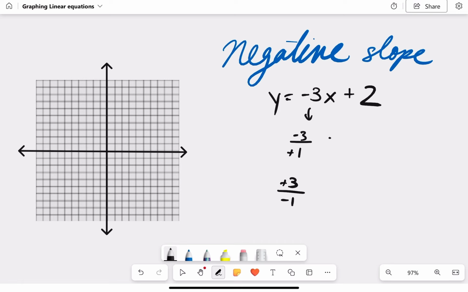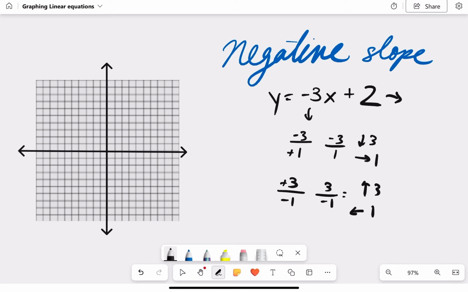So, you could do negative 3 over 1 or 3 over negative 1. And then from there, as y decreases by 3, x increases by 1. So you go down 3, but right 1. And that means for here, you go up 3, but then left 1.